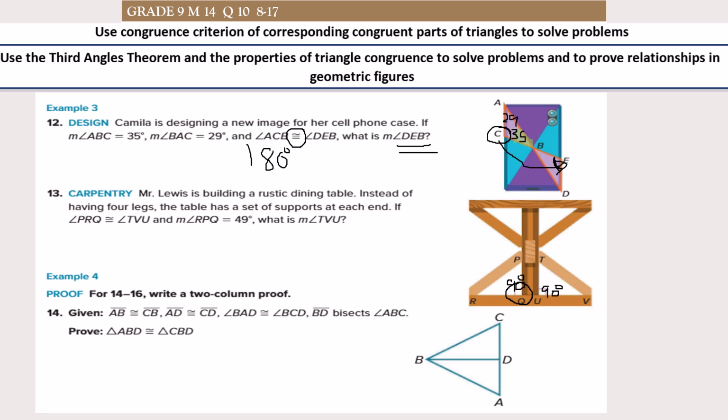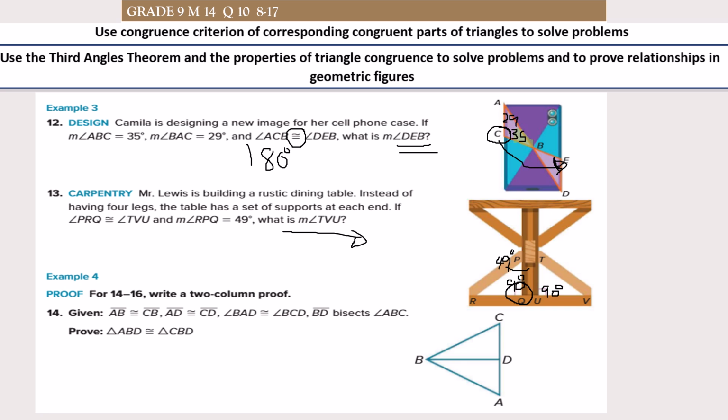And then they also tell you that angle RPQ is 49. So fill in the information and you would be able to solve for the value of angle TVU.